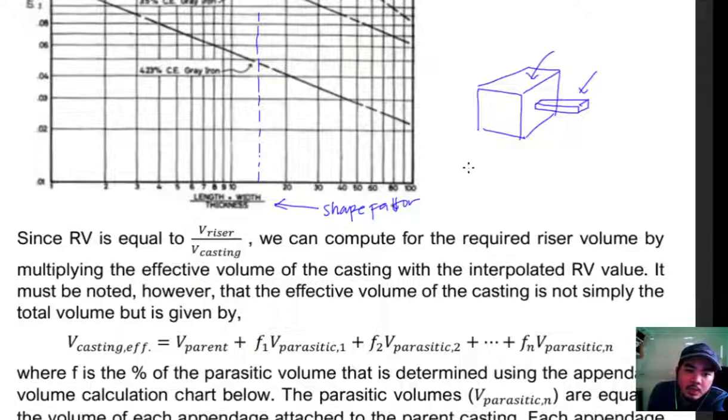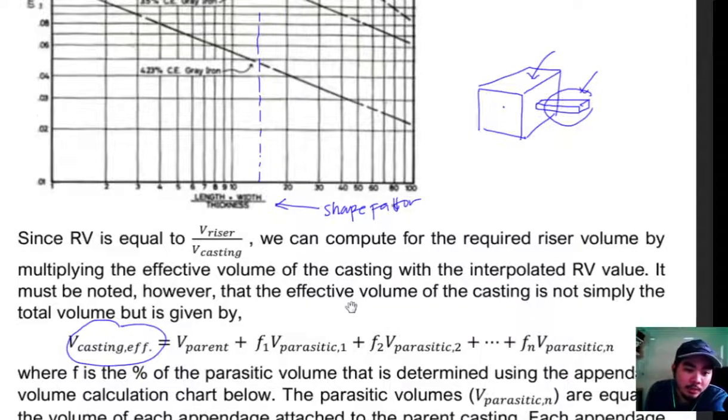So we have what we call the effective casting volume. So yung effective casting volume is just equal to the parent volume plus only a percentage of the parasites. So yung parasites natin, only a portion of its volume is actually contributing to its overall volume. Para ganun, so as to speak, no?